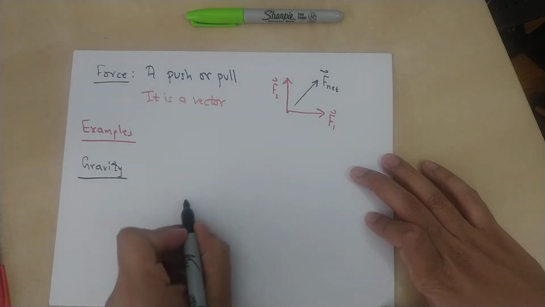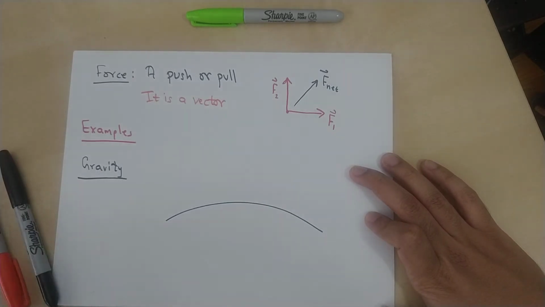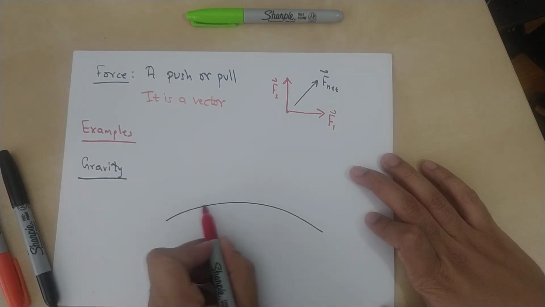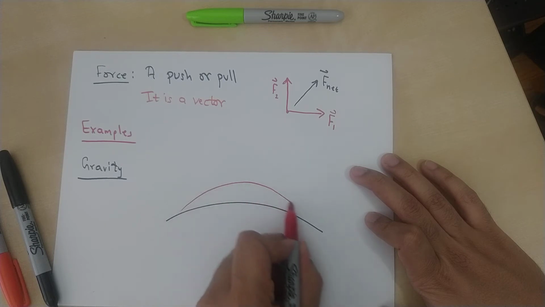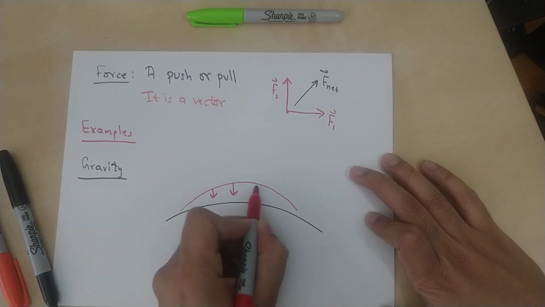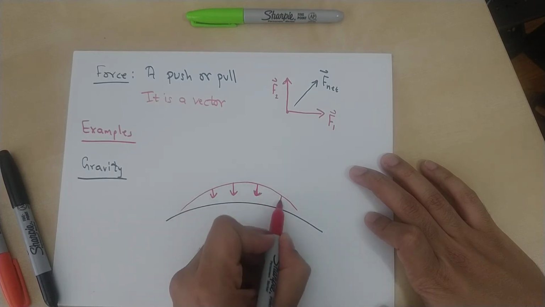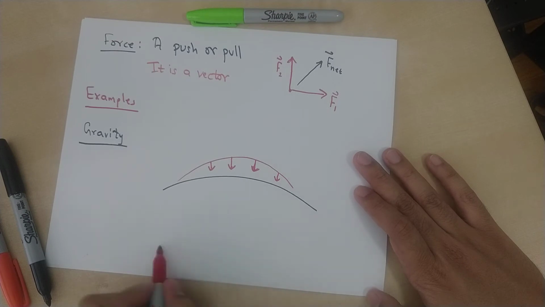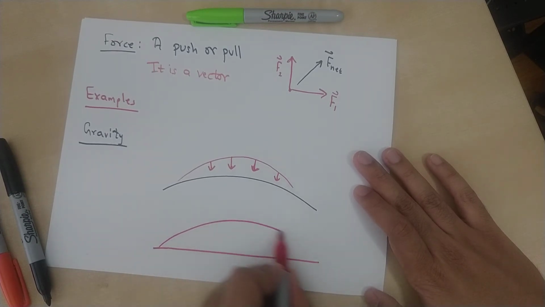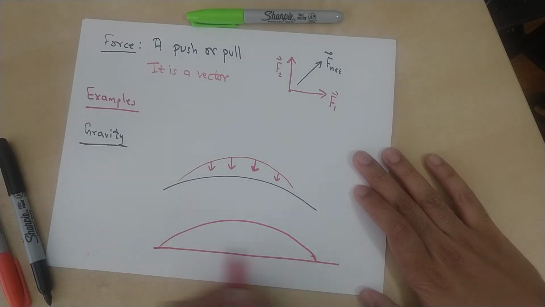An important thing about gravity is it's always towards the center of the planet. Let's say this is the surface of the planet, and there's an object that you throw like that. Gravity is always going to be straight down towards the center of the planet. For projectiles that we throw, for our purposes, we can assume a flat surface.